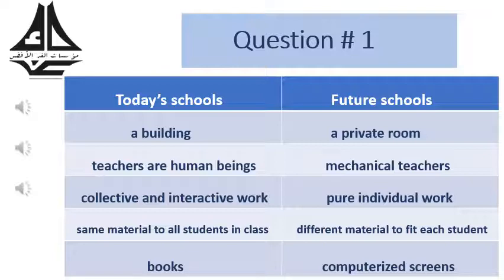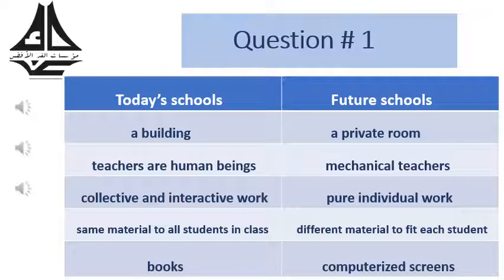Number 4, today at schools, same material to all students in class. So all students in the same class take the same material, which means having the same level, whereas in the future, different material will be given to fit each student.